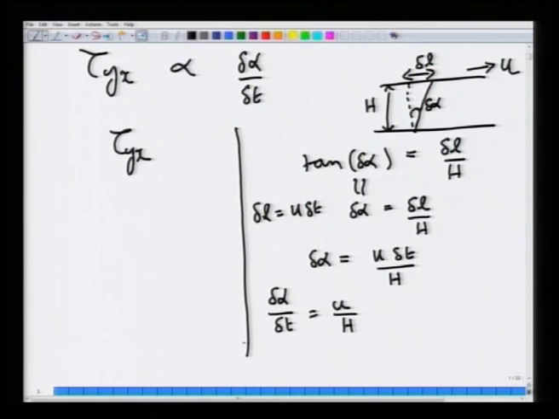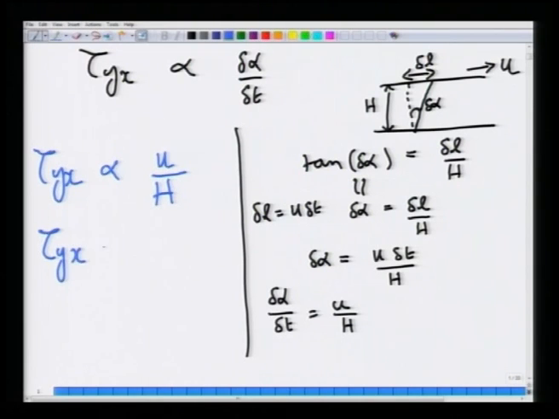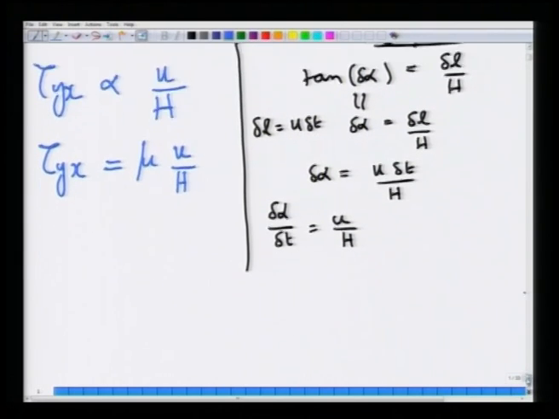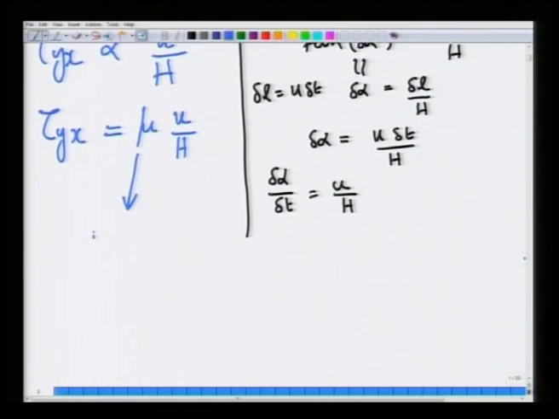So, tau y x must be proportional to u, the velocity at which the plate is moving, divided by the gap thickness in which the fluid is moving, and the constant of proportionality is the viscosity of the fluid.